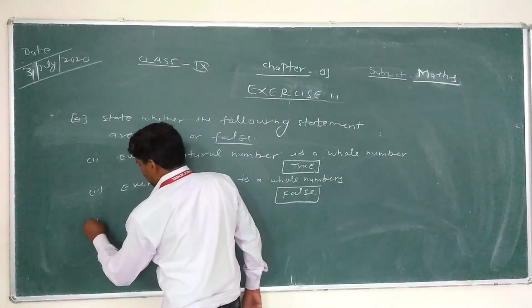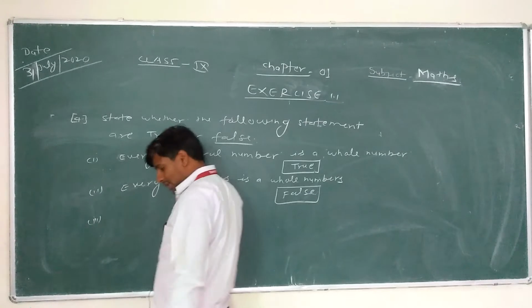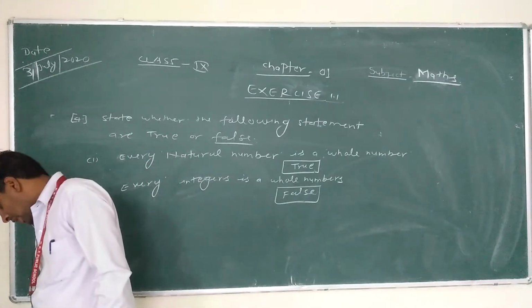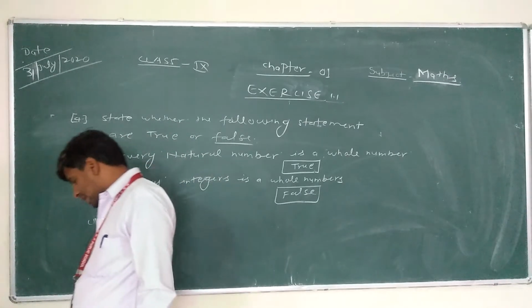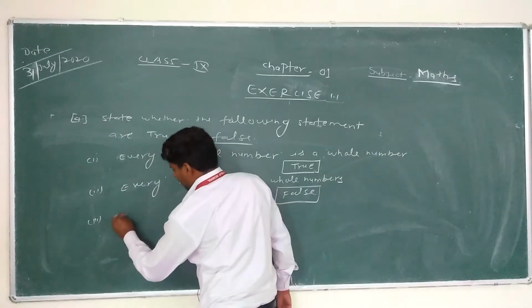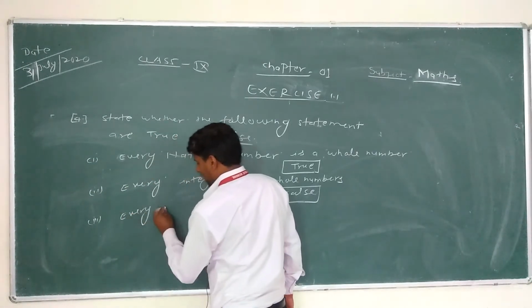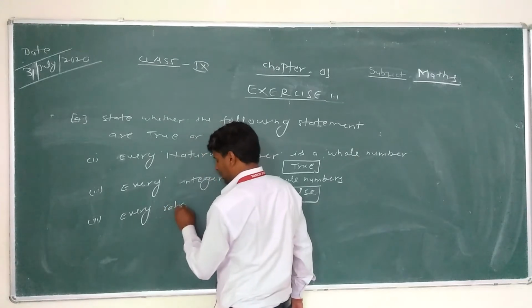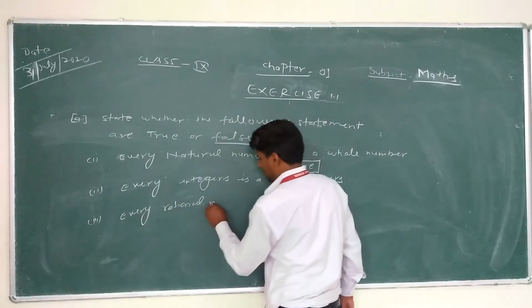Then the third statement. What is the third statement? Every rational number is a whole number.